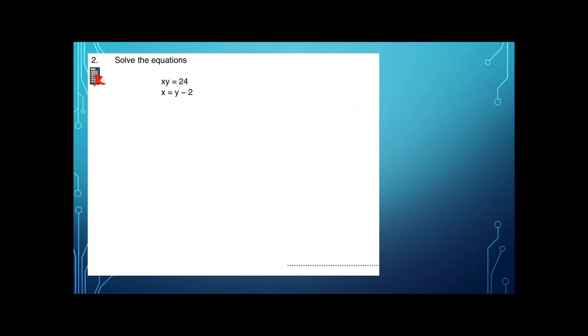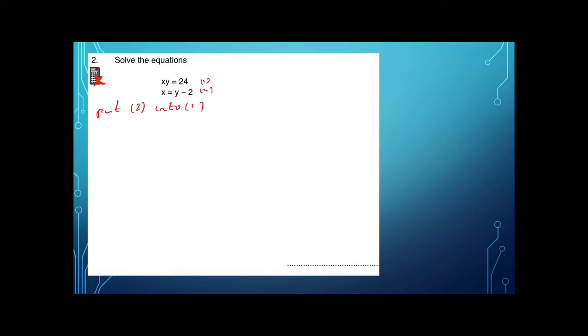Solve the simultaneous equation. x times y is 24 and x is equal to y minus 2. Okay, let's call this 1 and let's call that 2. We're going to put 2 into 1.